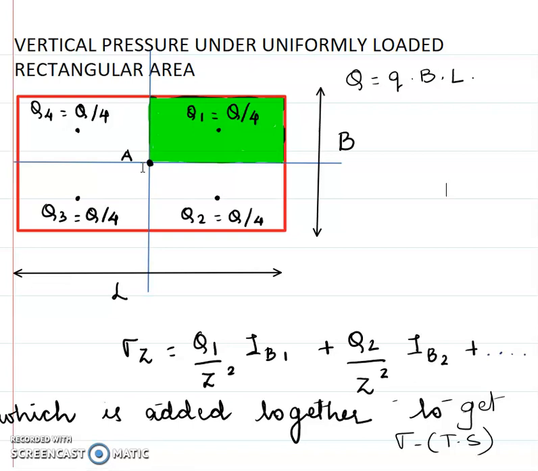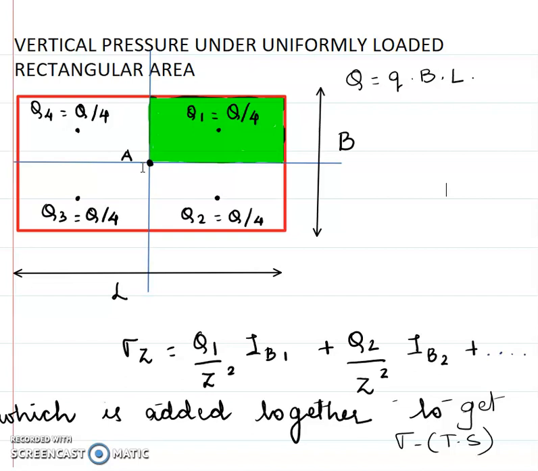But our procedure demands that we convert it into a point load. So this approximation will give you accurate results when this division is in such a way that the largest dimension of each of the area units should be less than 0.3 Z.